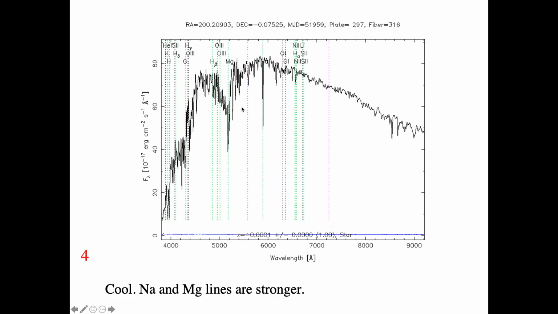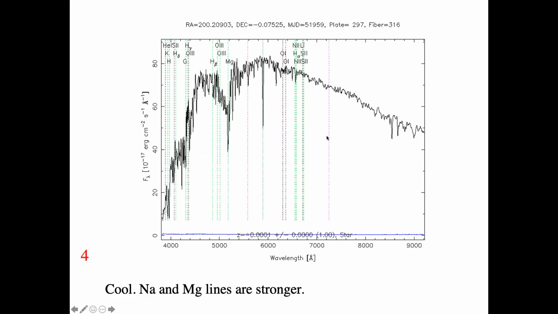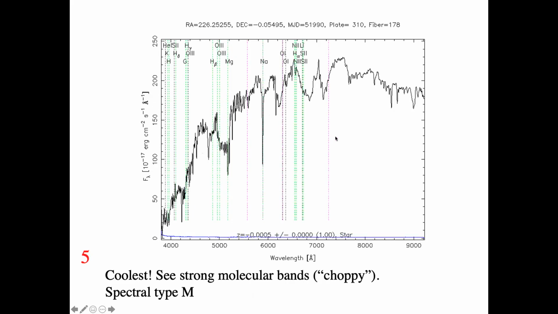Right, as we get even cooler, you see how the peak shifts over to the right even more. Right, those magnesium lines are really strong. You can see just how much they're dipping down there. The sodium lines are getting stronger as well. And down here, by the time we get to spectral type M, look how much the peak wavelength shifts over.